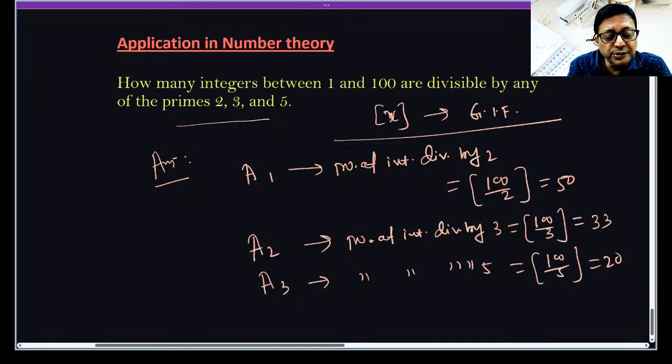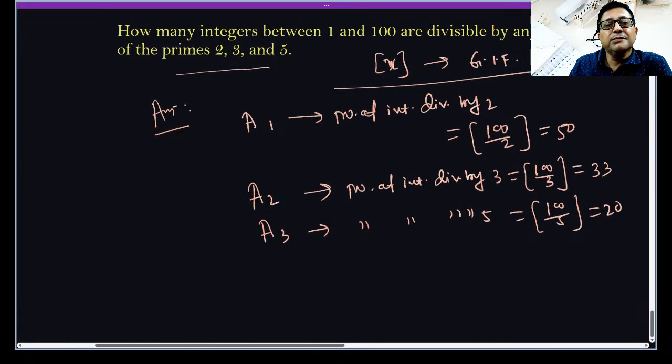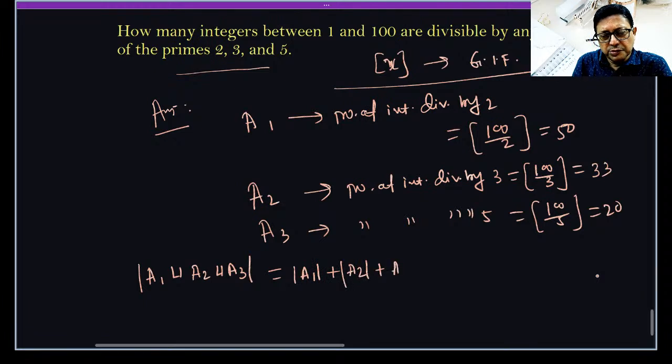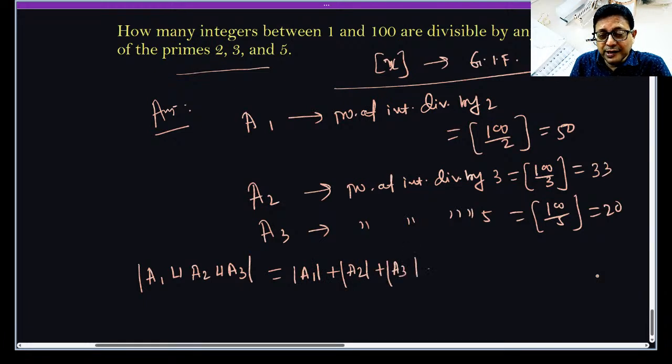Now the formula we are going to apply for this, divisible by one of them, state this formula: cardinal number of A1 union A2 union A3 will be A1 cardinal number, A2, A3. From there we will be subtracting these cases.